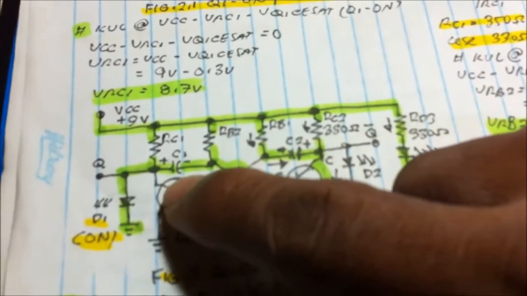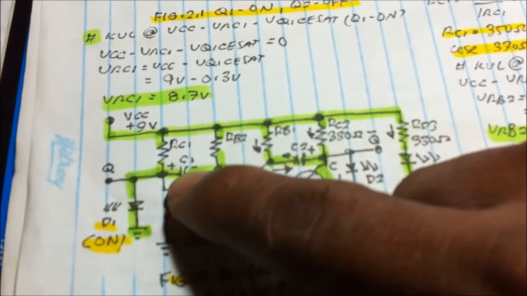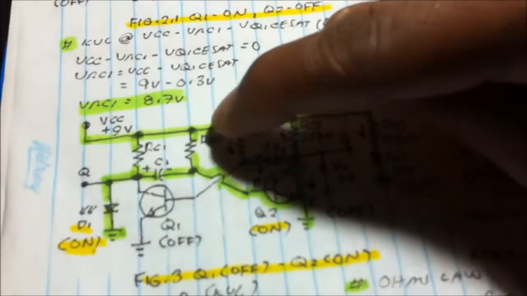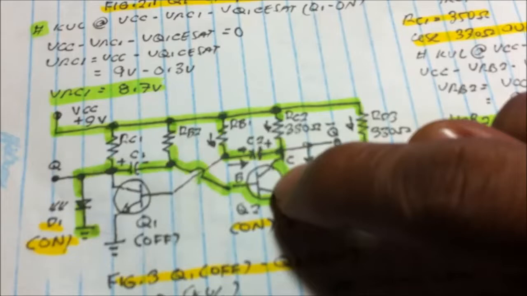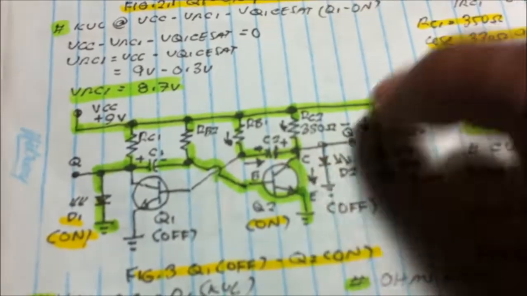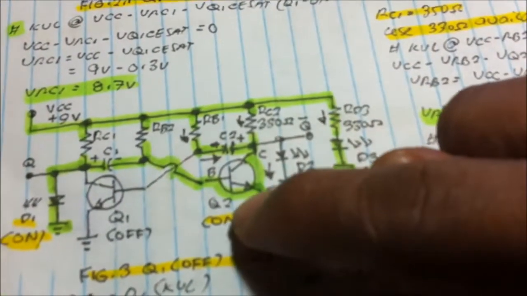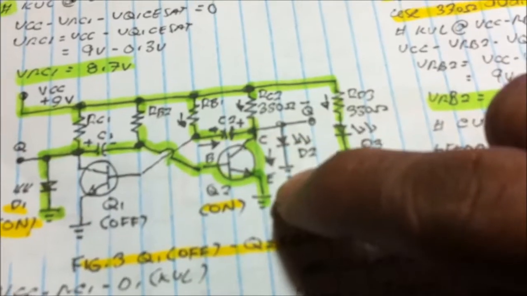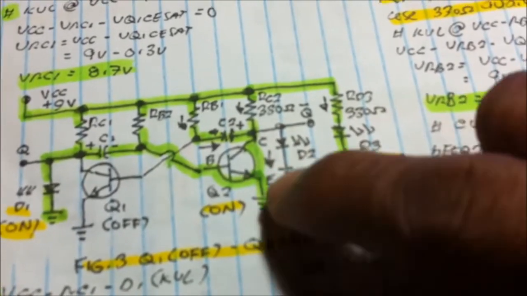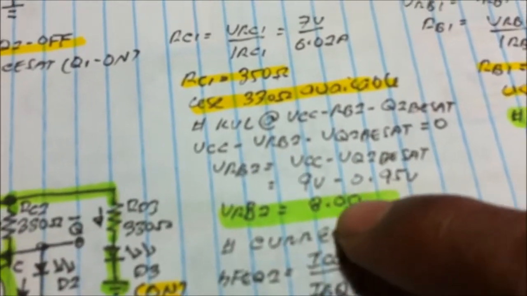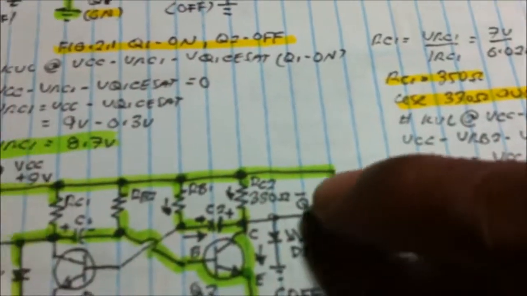Just like I said, when it is fully charged, it is equivalent to an open circuit. What happens is there's a continuous supply of current through RB1, making this transistor operate in forward bias. We can calculate the voltage drop at RB1 using KVL, VCC, RB1 minus the emitter saturation voltage drop of Q2. We got 8.05 volts at RB2.